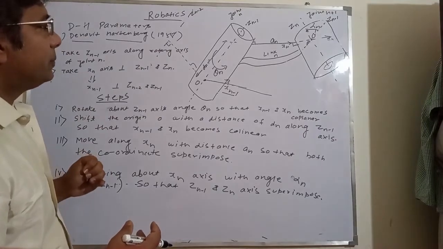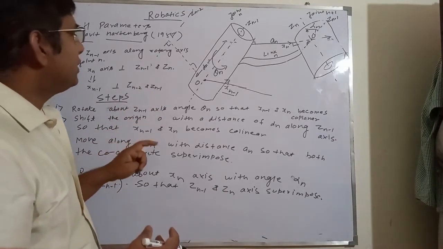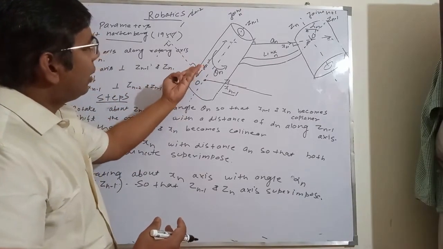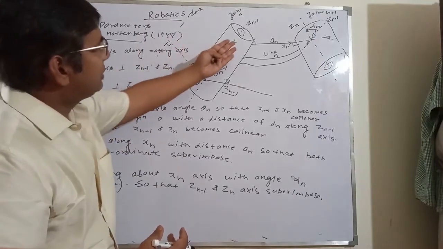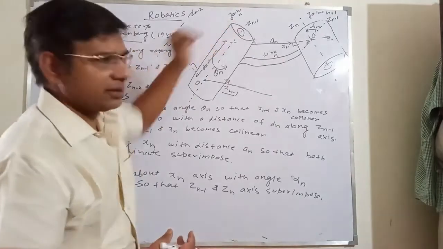Here we have seen two things. One is rotating about the axis by theta n and then shifting along the axis by dn.